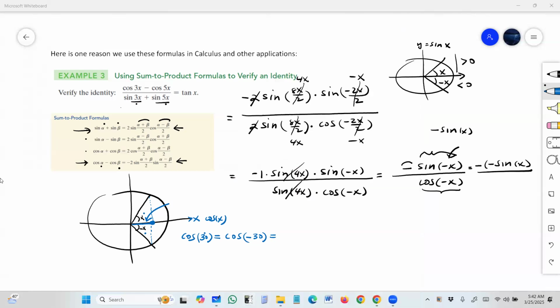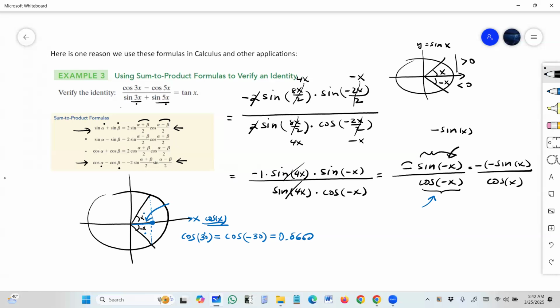The reason is because the x-axis is my cosine. So cosine of minus x is just cosine of x.